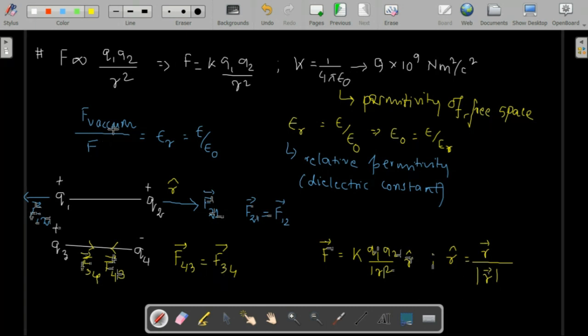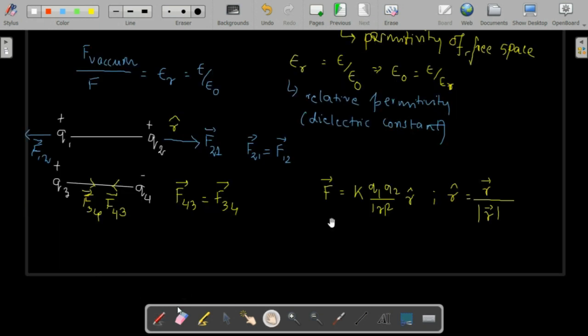Many times you'll see that different books use different ways to write down this force. So we can also write it like this: k q1 q2 by mod r square into the unit vector, which is nothing but the vector divided by mod of r.